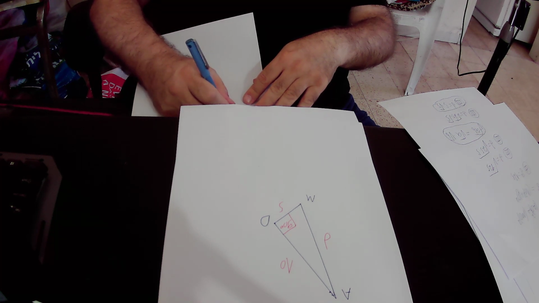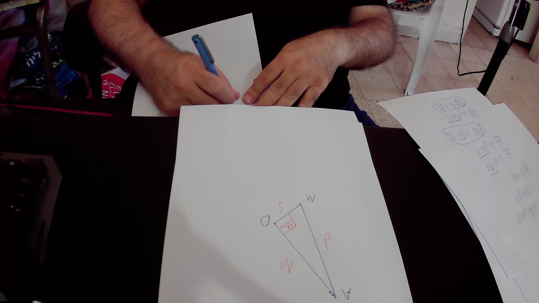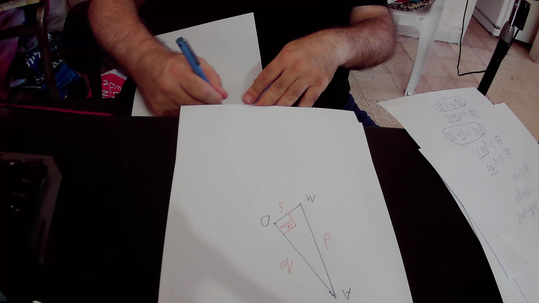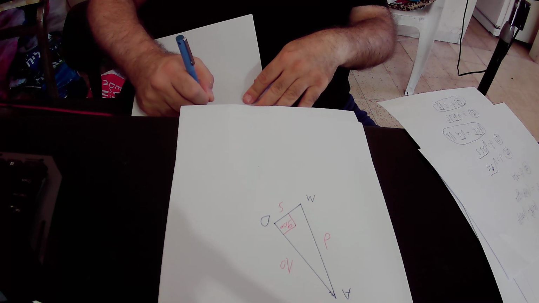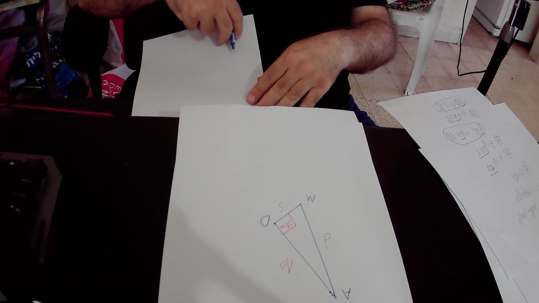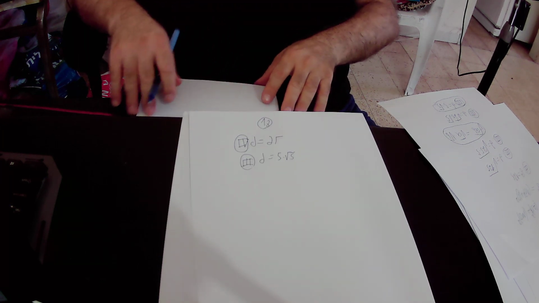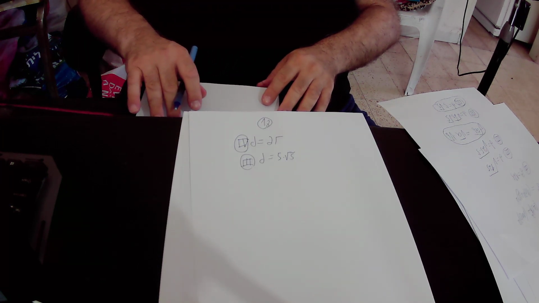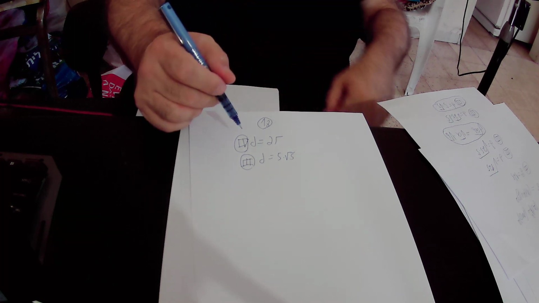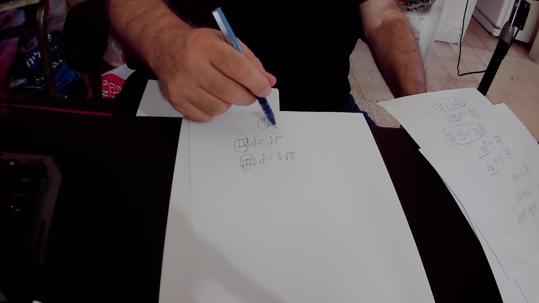And we also know, according to the previous question, that D equals 5 times root 5. We know that the diameter of any circle equals 2 times the radius.